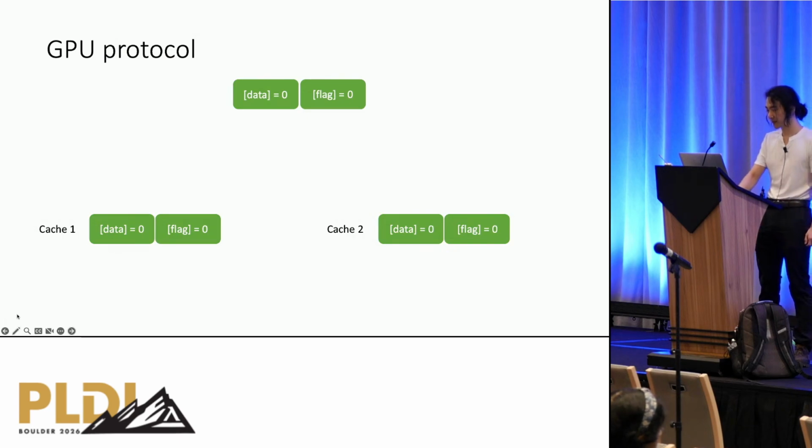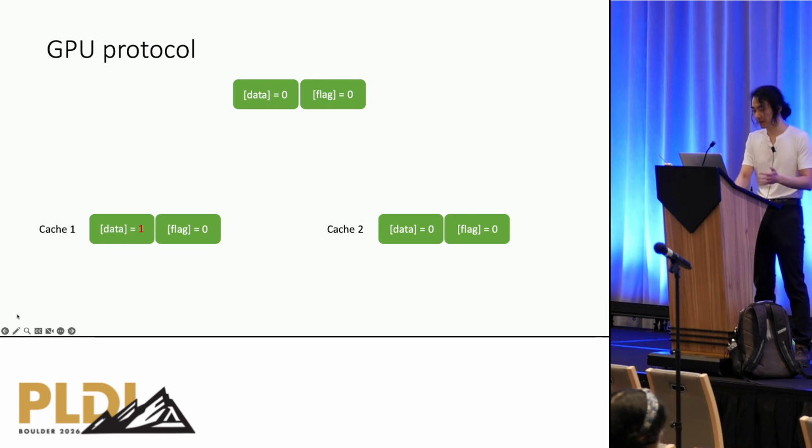So in contrast, a GPU protocol works very differently. So consider two cores, both caching flag and data locally with value 0. When core 1 writes to data, it will simply update its local cache. It does not need to send any invalidation to core 2. So at this instant, core 2 still holds its local stale value of 0.